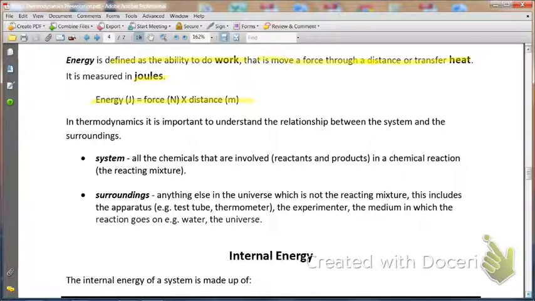So in other words, let me write this down. A joule is equal to a newton meter. And again, a newton is just a unit of force. So that's the unit that we will mainly use in this class for energy: joules.